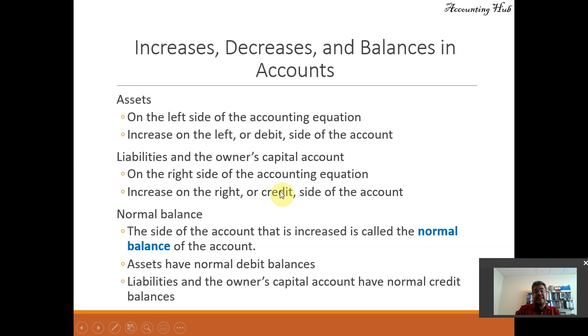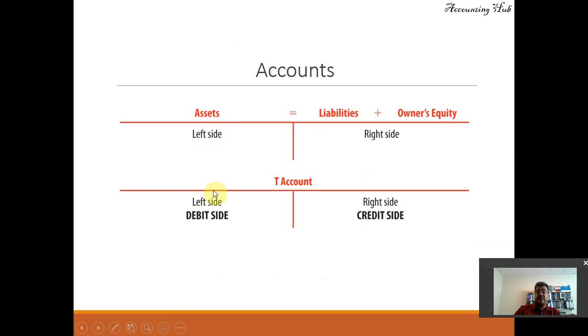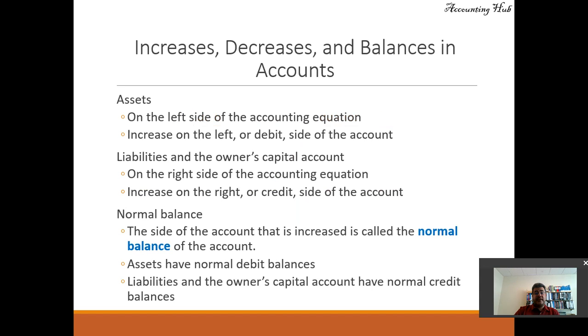For assets on the left side of the accounting equation, remember here, asset, left side. So everything on the left side of the T account increases an asset. Everything on the right side decreases an asset. So increases on the left, decreases on the right.